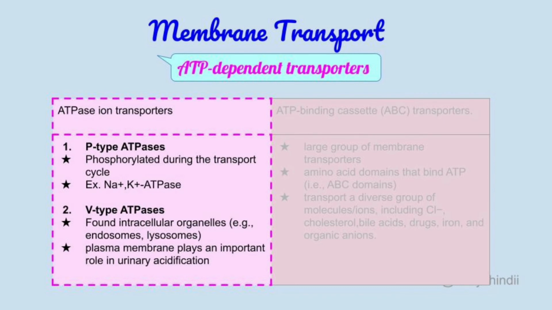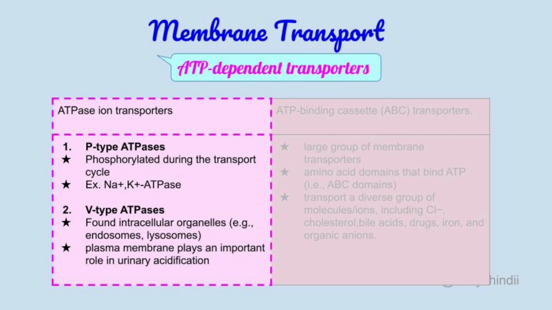The fourth membrane transporter group, the adenosine triphosphate dependent transporters, is divided into two groups. The first group is the ATPase ion transporters, which is subdivided into two groups. The P-type ATPases are phosphorylated during the transport cycle. Sodium-potassium ATPase is an important example.